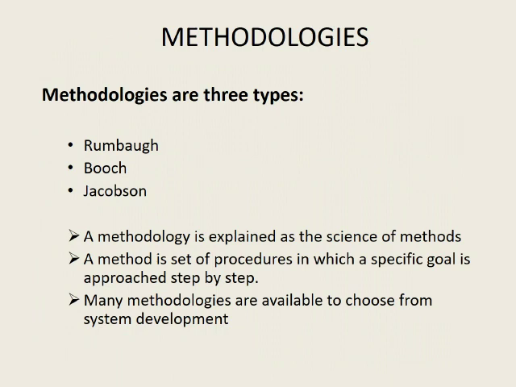Now the important 10 marks question from unit 1, methodology. Methodologies are of three types: first Rumbaugh, second Booch methodology, and finally Jacobson methodology. A methodology is explained as a science of methods, that is, a set of procedures and a set of rules in which a specific goal is approached step by step.